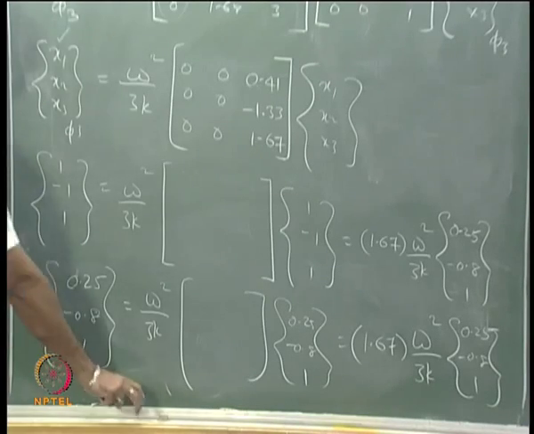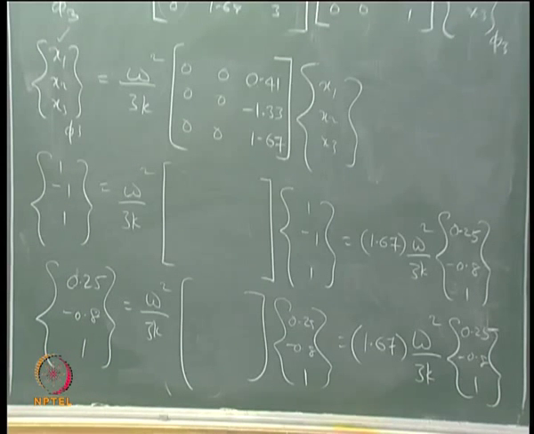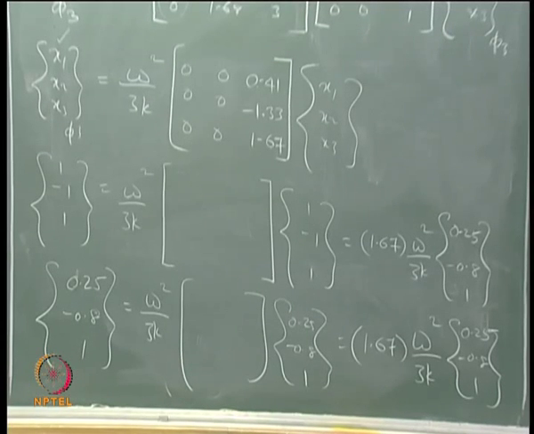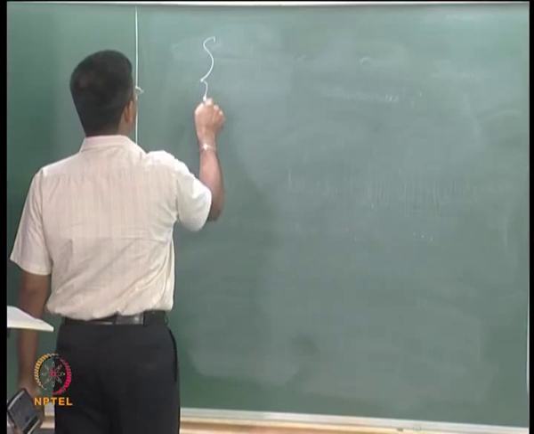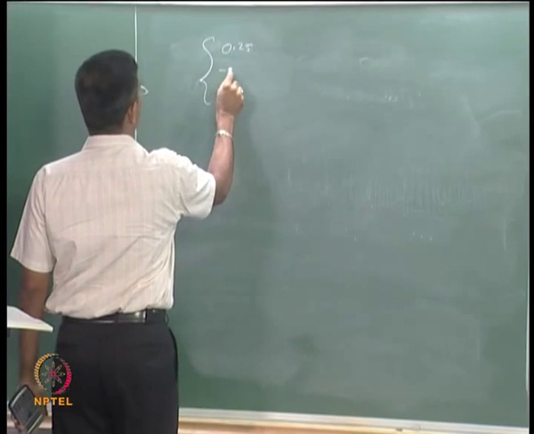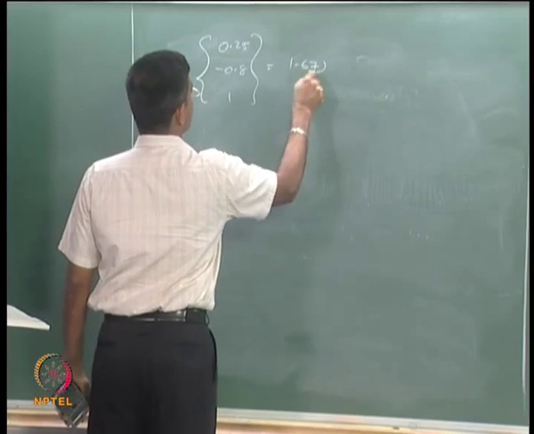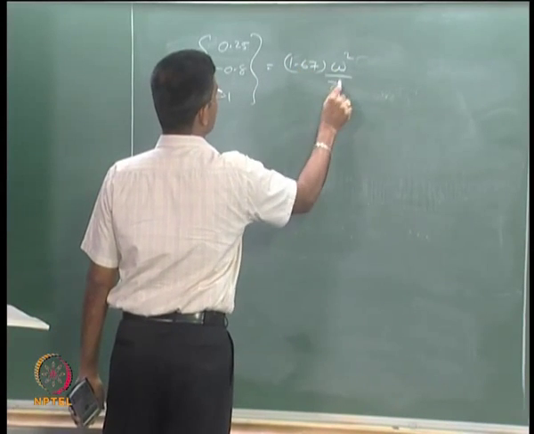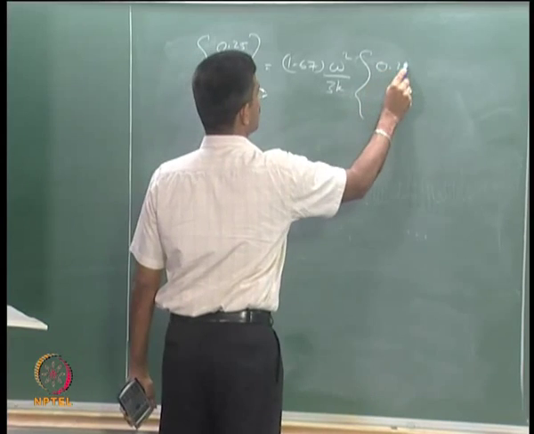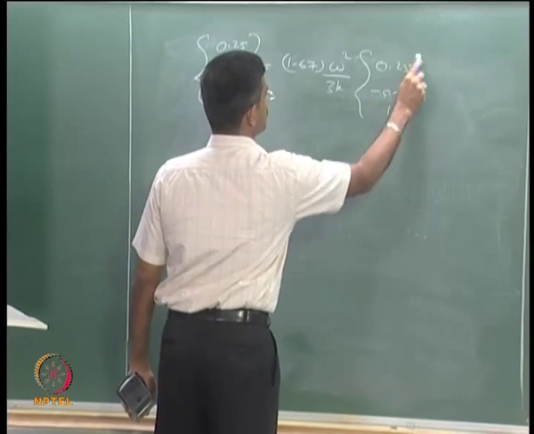So, equating the first row, or equating the last row because there is unity there. So, I should say 0.25 minus 0.81 is equal to this multiplier of same vector getting repeated. So, it has converged.